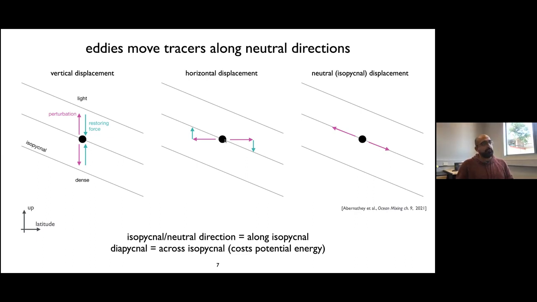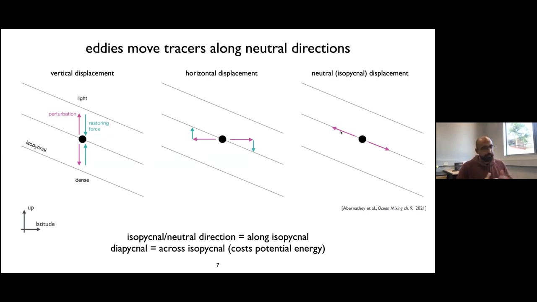The same thing happens if you try to take a parcel of fluid and move it left or right, because again it will find itself in an environment of different buoyancy, either lighter fluid or denser fluid, and buoyancy will then tend to push it back to the constant density surface it started from. So, bottom line is that if you try to move a fluid parcel along a surface of constant density, that's the direction in which you will feel less resistance.